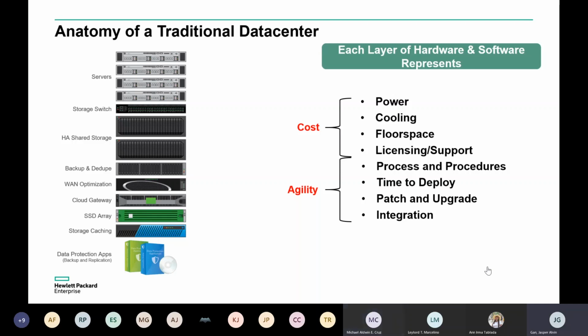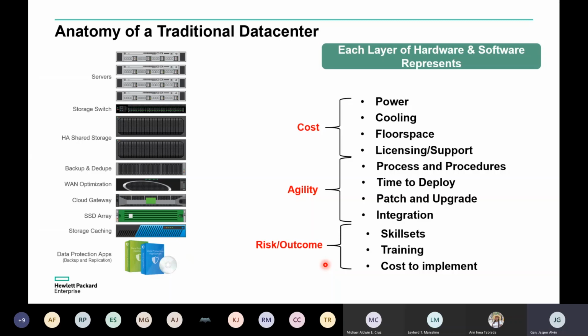Thank you. So the integration of having all of those components, we need to check if it would still work with the other versions of, let's say, your switches or your storage. Lastly, another one is the risk or outcome cost.